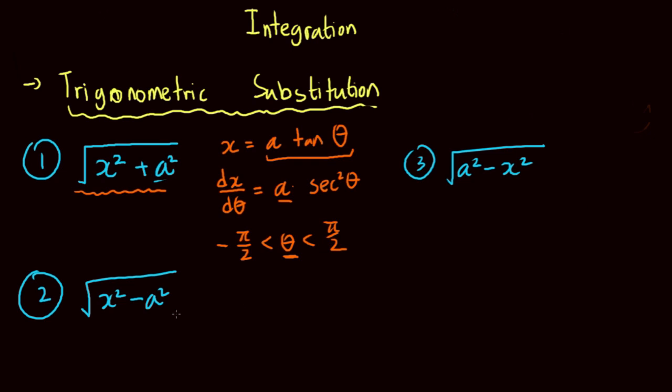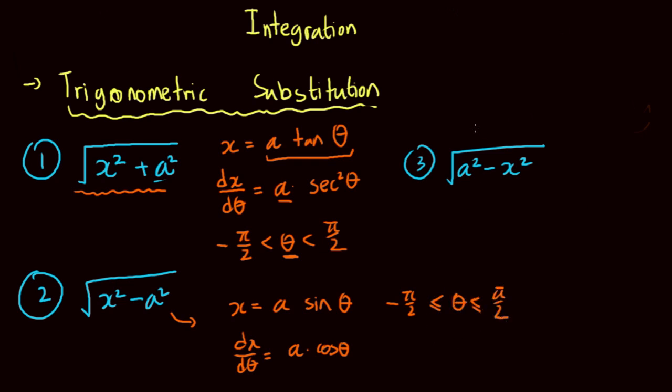And if your integral is in the form a squared minus x squared, you can use x equals a sine theta. Of course, your dx d theta would be a cosine of theta. And your theta is also within a range, negative pi over 2 less than or equal to theta less than or equal to pi over 2.